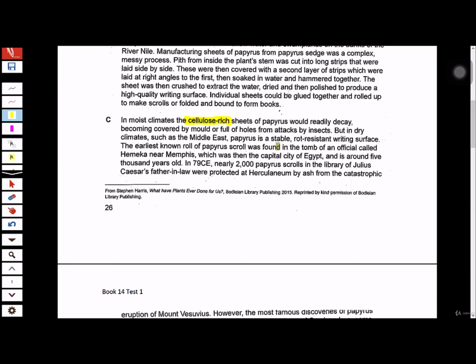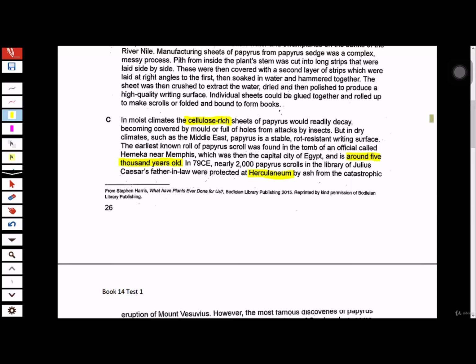And let's see, normally in the general exam, this information will come in one paragraph. In the Academic exam, most of the time it comes in one paragraph, sometimes two paragraphs. There's 5,000 years old, and there's Herculaneum, right? So I already know that everything will be contained within paragraph C because I see the language there.